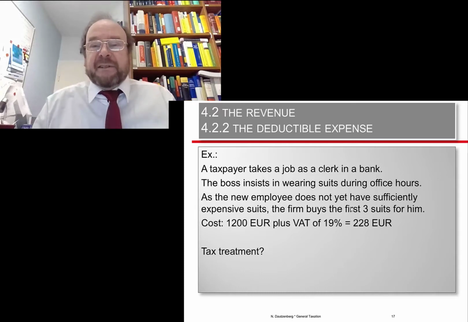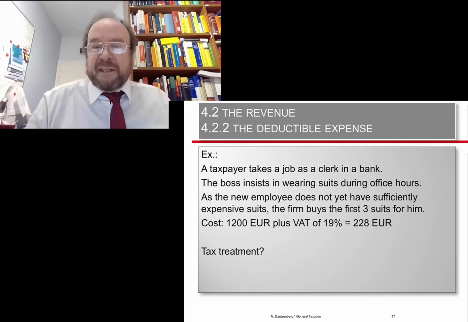The idea is, if we give shirts to our people working in our firm, for example, as staff in a shop, if they have a kind of a uniform so that they can immediately and easily be recognized by the customers, then we do it in a way that these clothes cannot be worn by them during their private time.